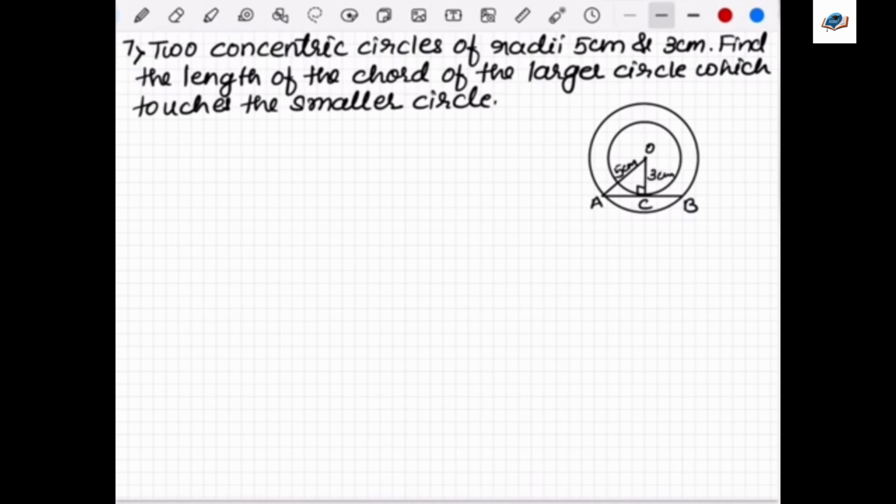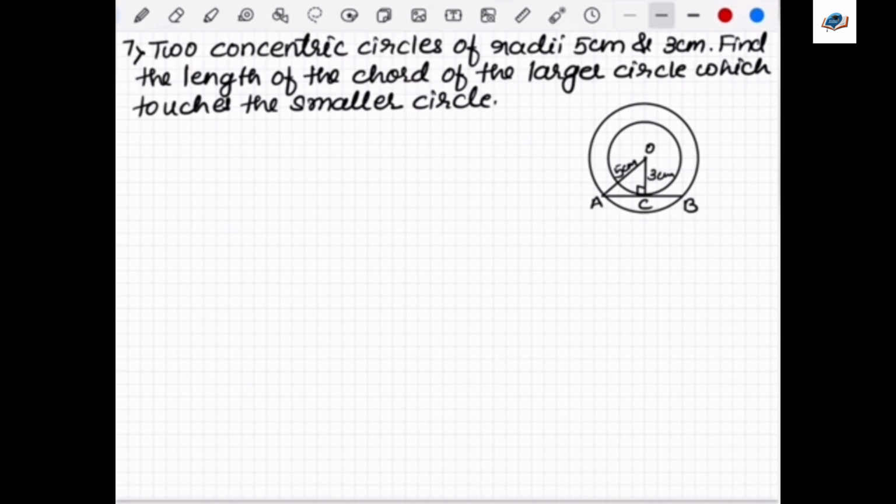And they are touching the chord of the larger circle. So naturally the larger circle is the circle with radius OA. So AB is a chord to the circle which touches the smaller circle at point C. That is, it is tangent to the circle.